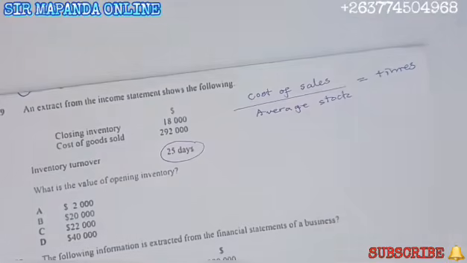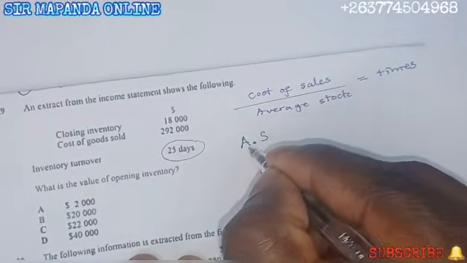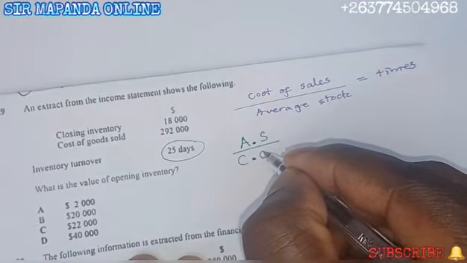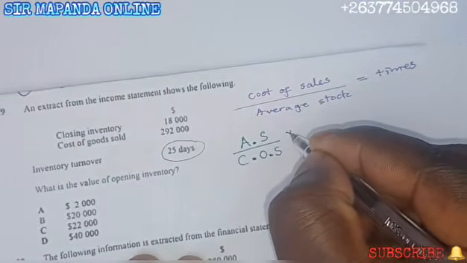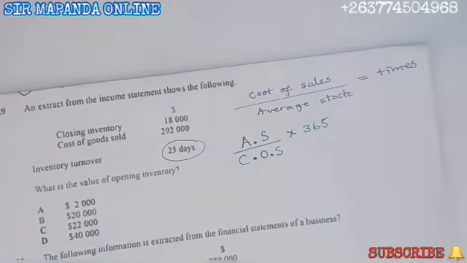So to find inventory turnover in days, you find the reciprocal of the normal formula that you are used to. It means average stock is now your numerator and the cost of sales is now your denominator. Then you multiply with 365 days in a year.